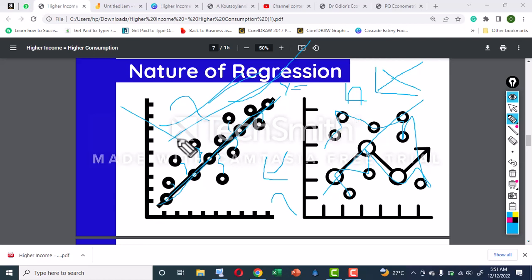But in regression, in econometrics generally, we put all these terms into consideration. Because of that, we cannot have a perfect line that will touch all of them. So we look for a line that best represents them, then we look at the error between all of them.